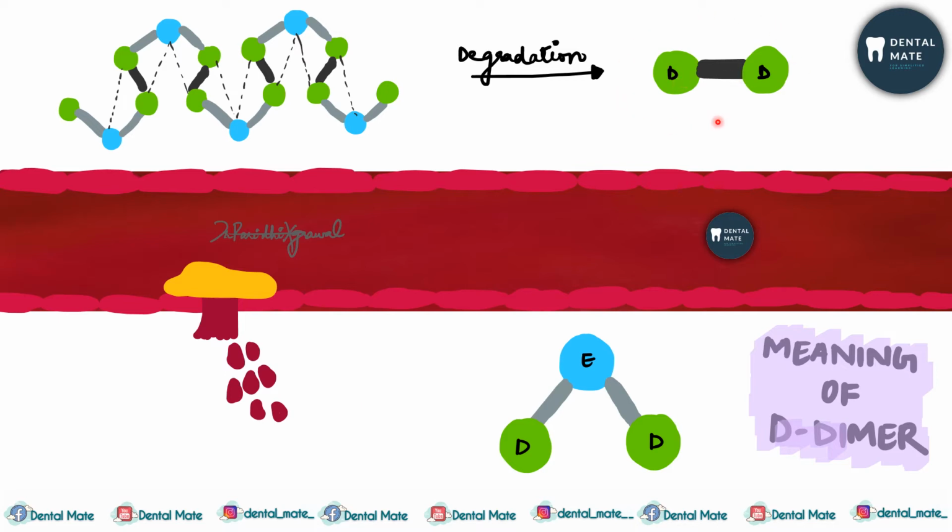This is one fibrin component joined with the meshwork, and a clot is formed. After degradation, these two Ds are joined together as a fibrin degradation product. So this is known as D-dimer.